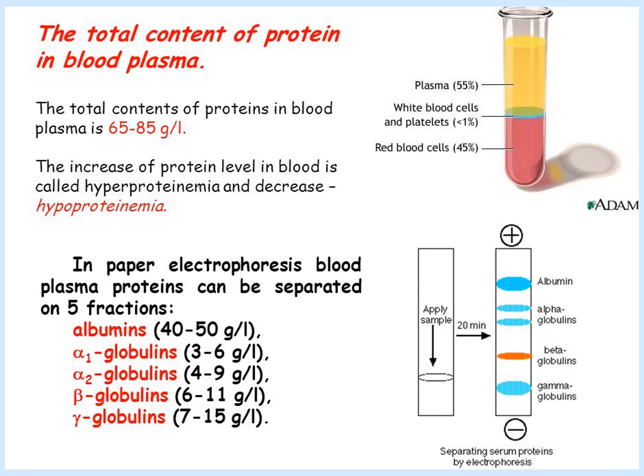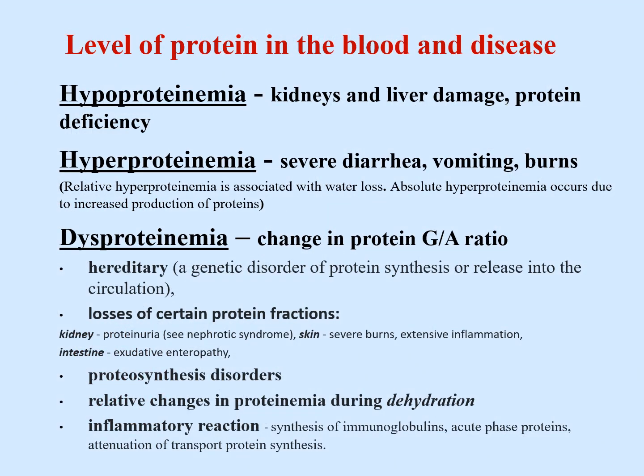Not only dysproteinemia can be; there is also hyperproteinemia. And in this case, we can say about a different level of proteins in blood. Hypoproteinemia is a low concentration, less than 65 grams per liter.